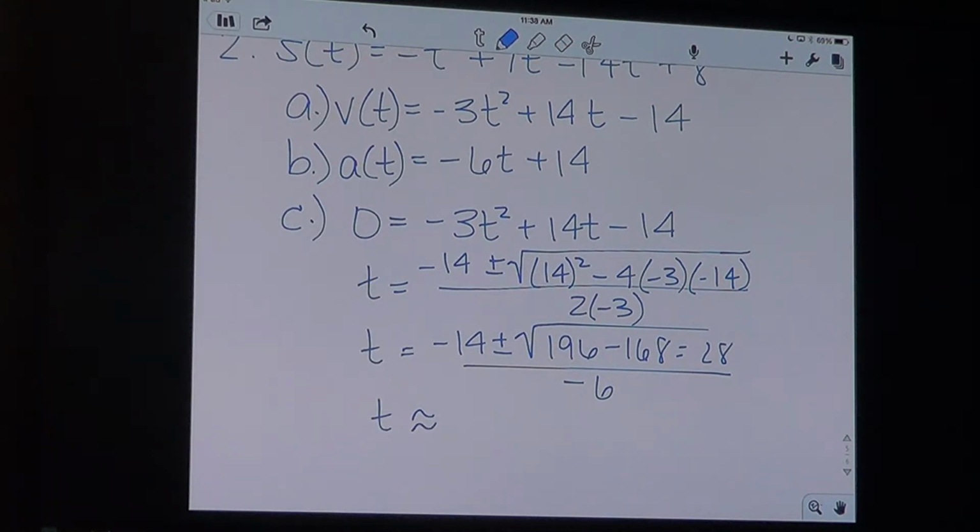So t is about 1.451 and about 3.215. Is that what you guys got?